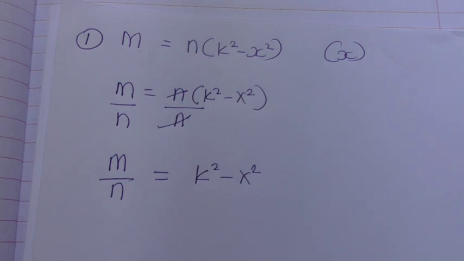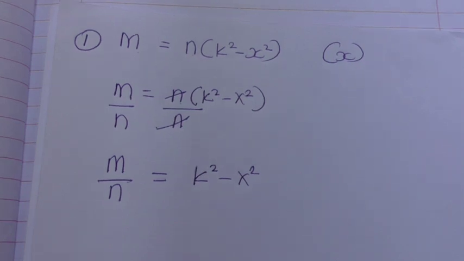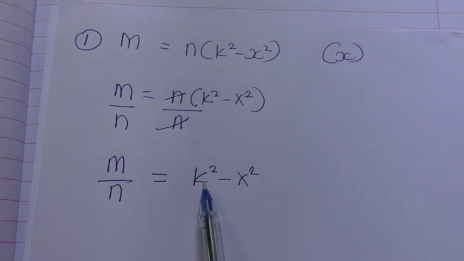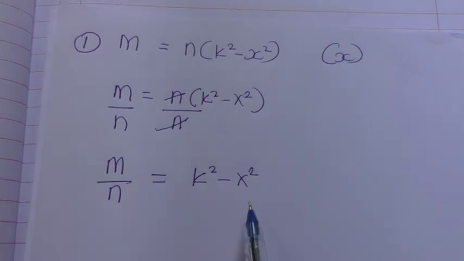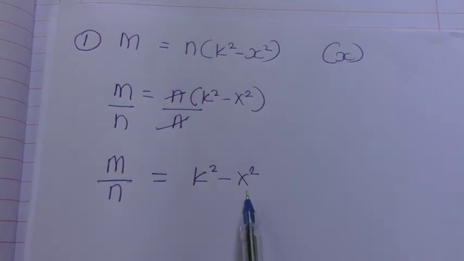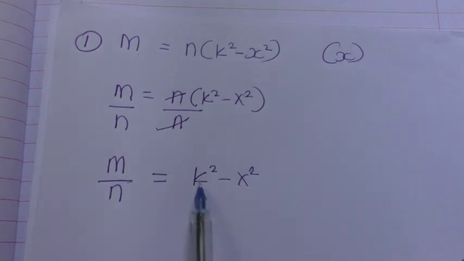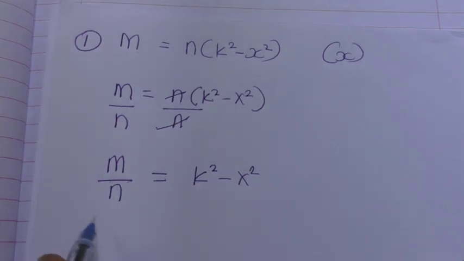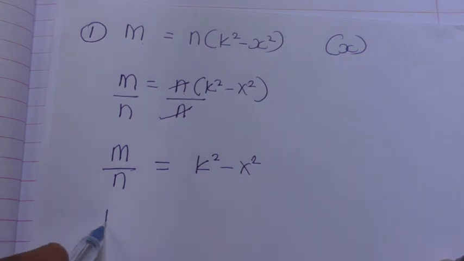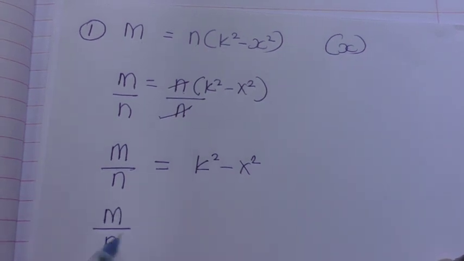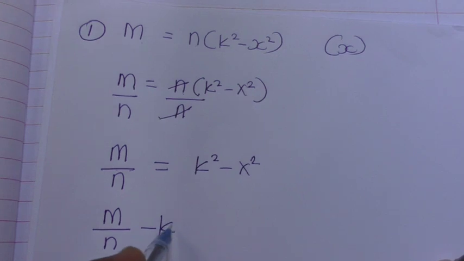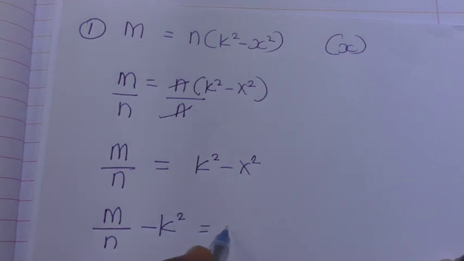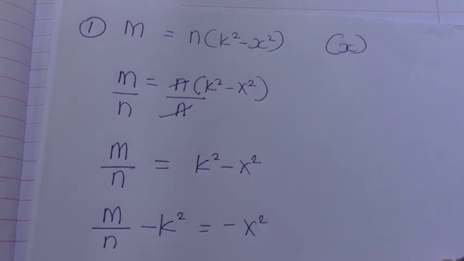So another step is now to take k squared the other side, to remain with x squared alone on one side. So we can take k squared the other side. That is, we shall have m over n minus k squared equals negative x squared.